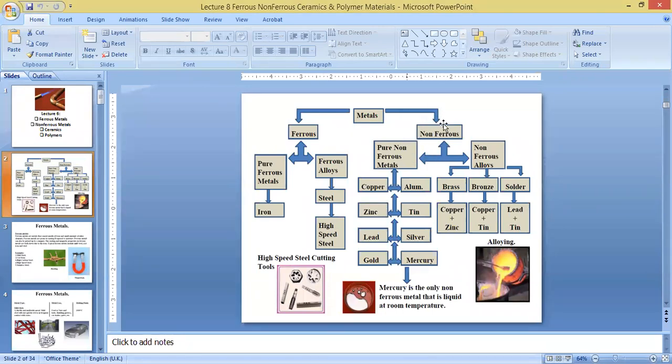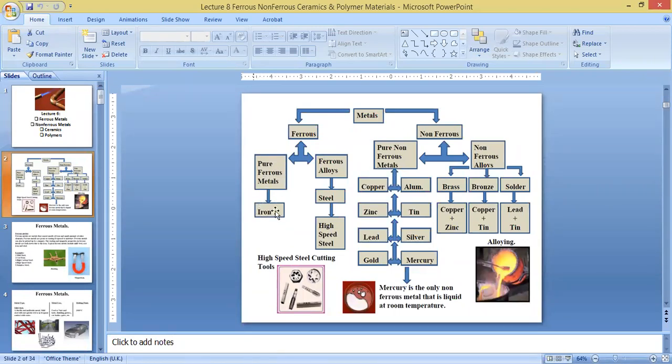Non-ferrous means that these are metals or alloys that do not contain any iron, I-R-O-N, as others say. They do not contain any iron metal or any iron atoms in them. Under ferrous, you have pure iron.